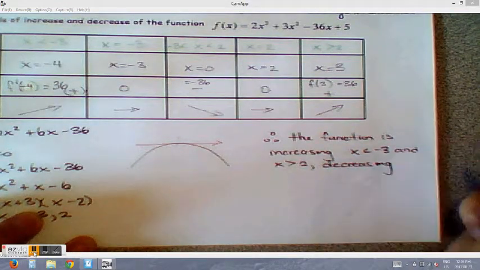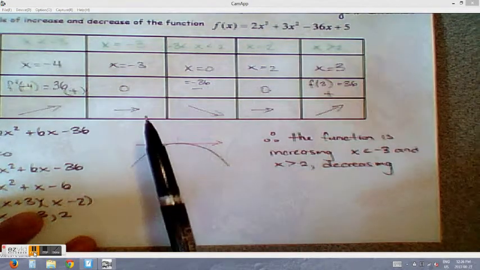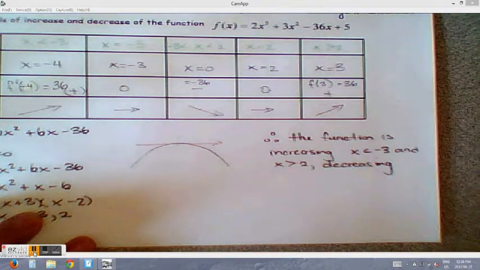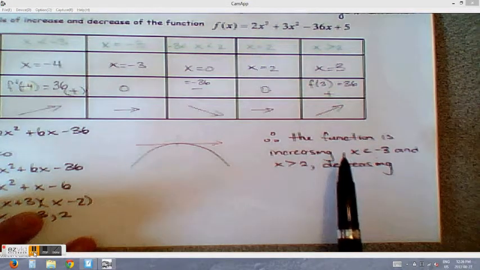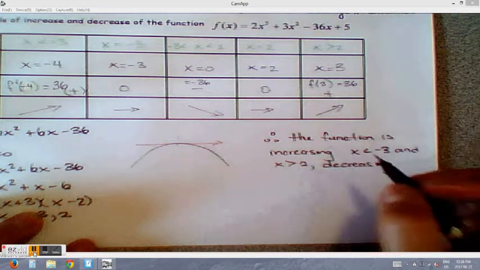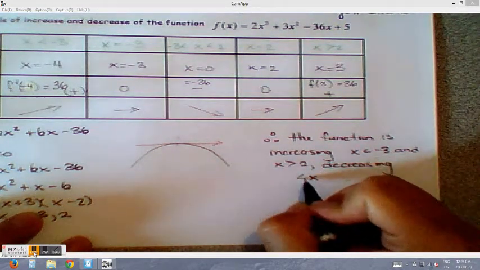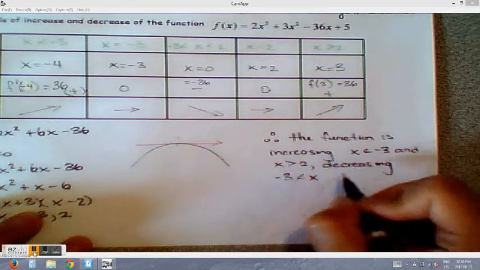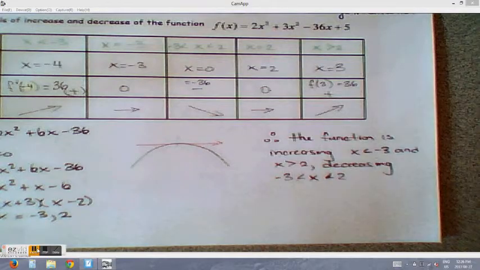And I would like a statement, particularly if it asks to find the intervals. Well, you've shown me in the table that would be worth some marks for working out the operation, but this is for communication. So you're communicating to me where the intervals of increase and decrease are. There we go. And that would be your final answer.